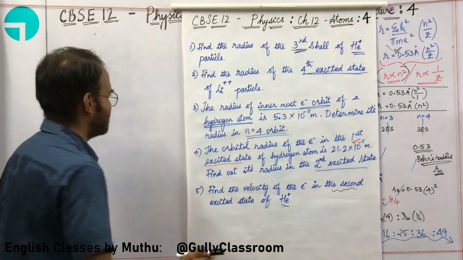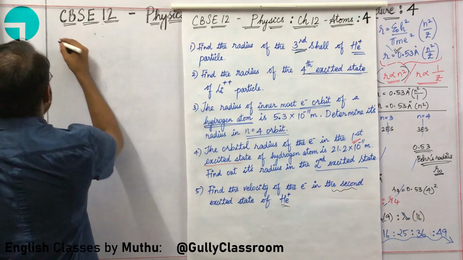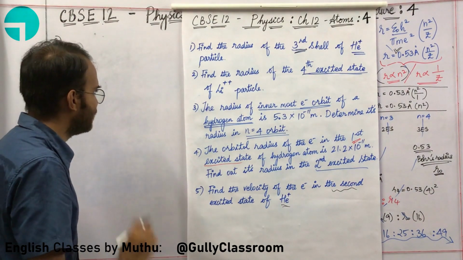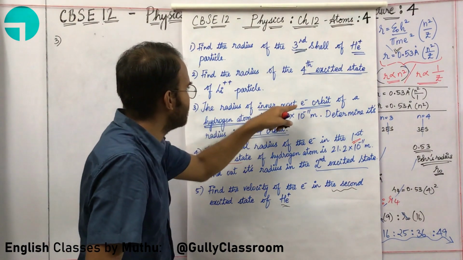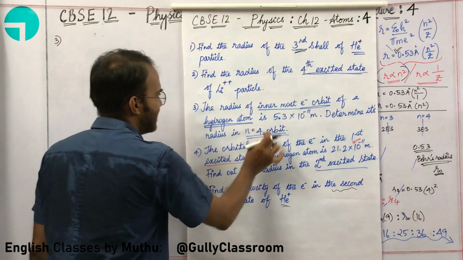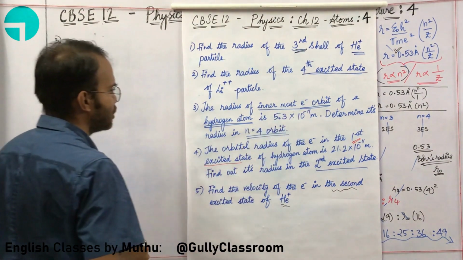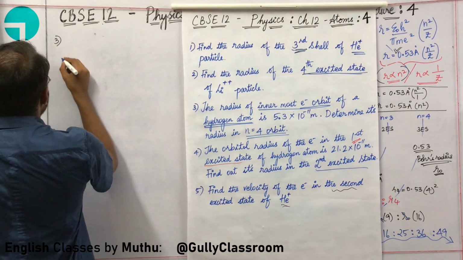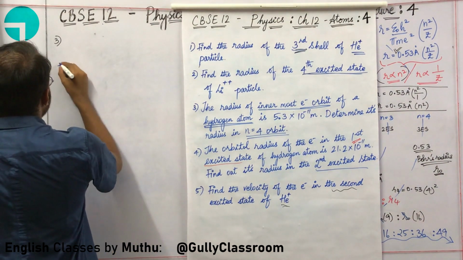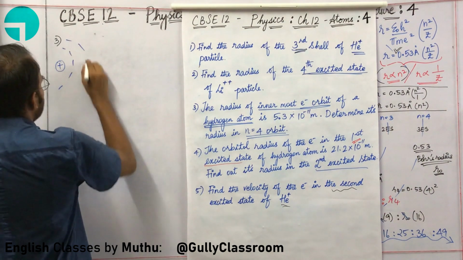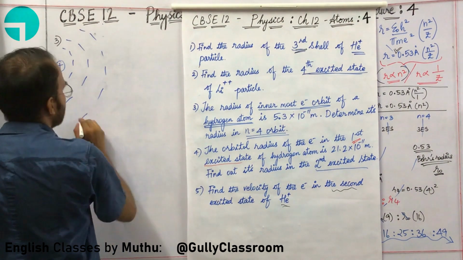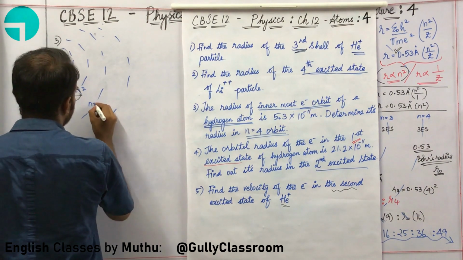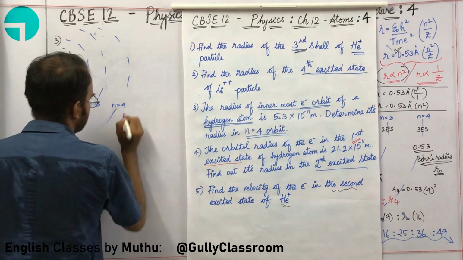Okay, let us go for the third problem. With respect to the third problem, what have they given? They have given that the radius of the innermost electron orbit of the hydrogen atom is 5.3 into 10 to the power minus 11 meters. Here you have a positively charged nucleus, with n equal to 1, n equal to 2, n equal to 3, n equal to 4.